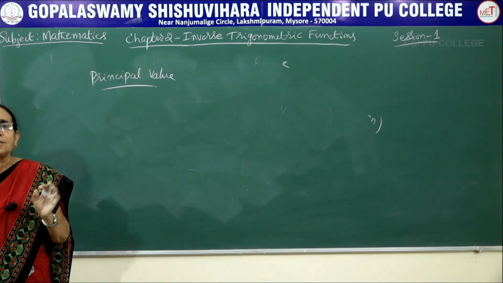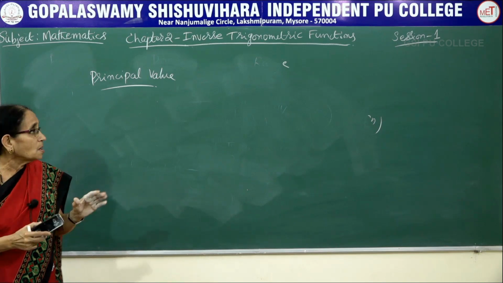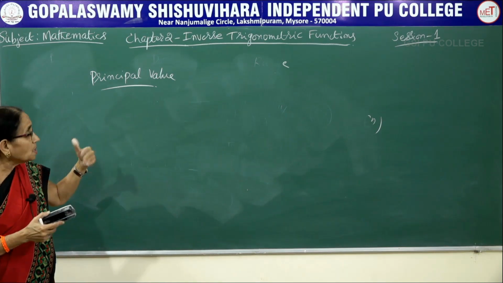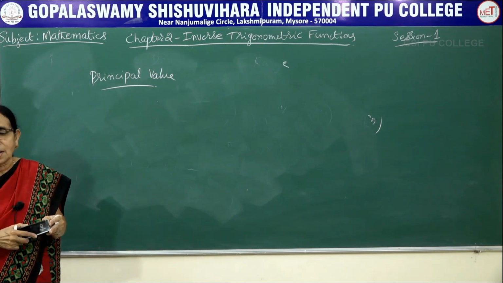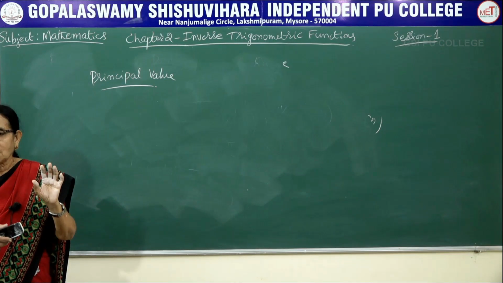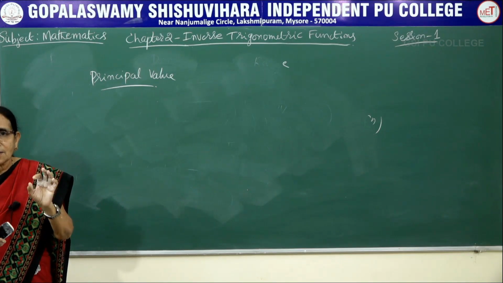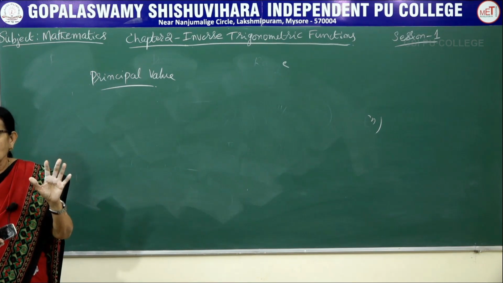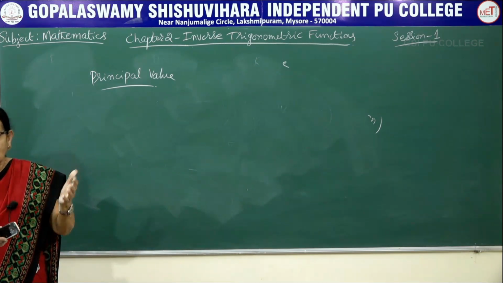Because these trigonometric functions are periodic functions, the values get repeated. So again, the value of an inverse trigonometric function is the value which lies in the range of the principal value branch of the function.